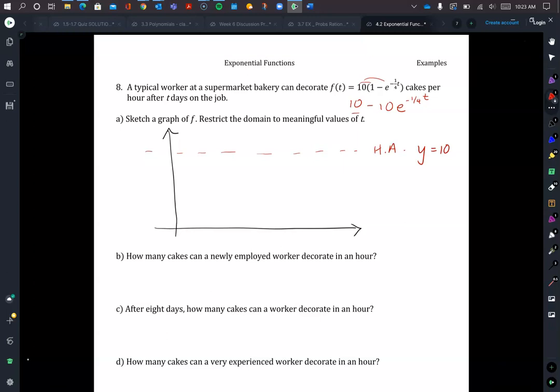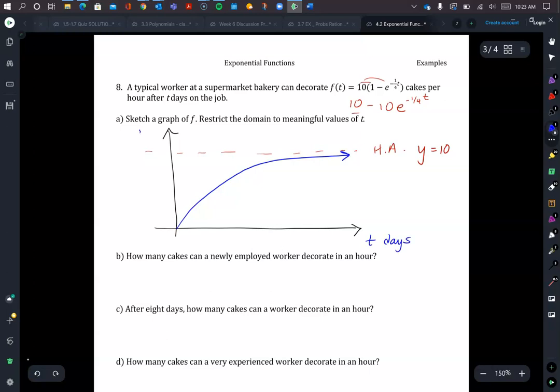Normally exponentials go this way, but we have a flip, so we're going to actually go the other direction. So I'm just going to quickly sketch this in here, and it would be right about here. And I'll put that in Desmos as well real quick so you can see that.